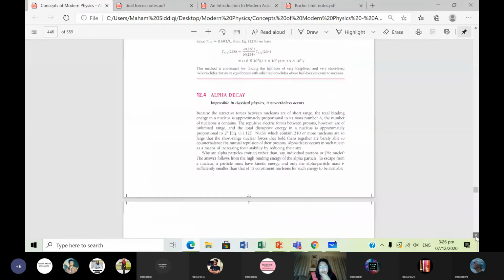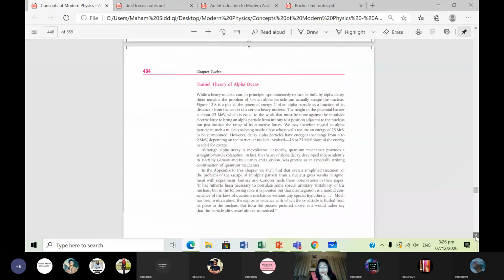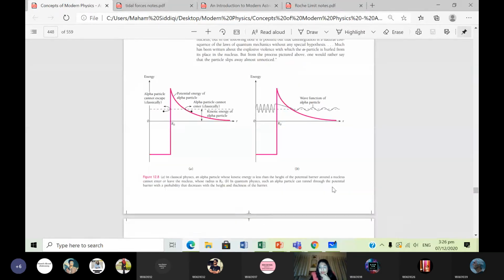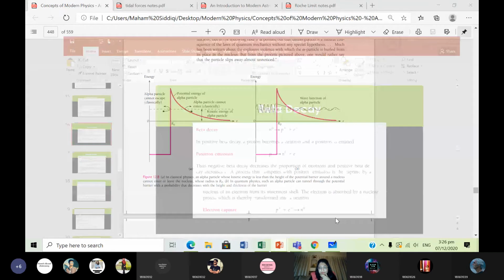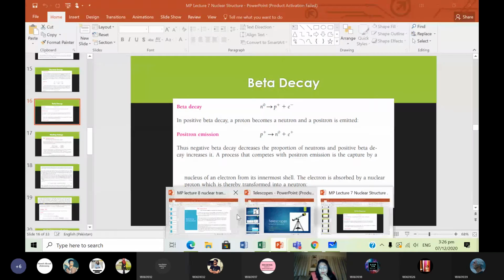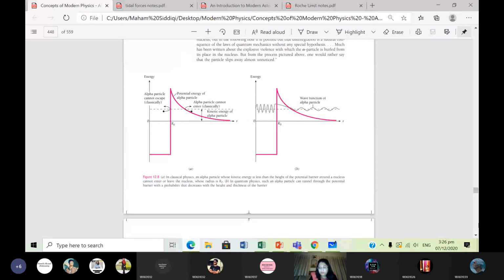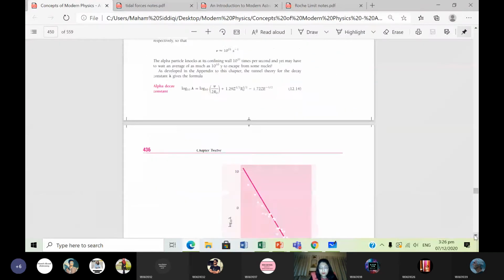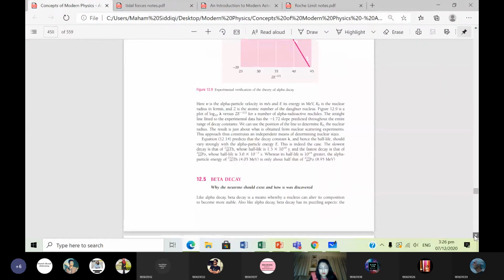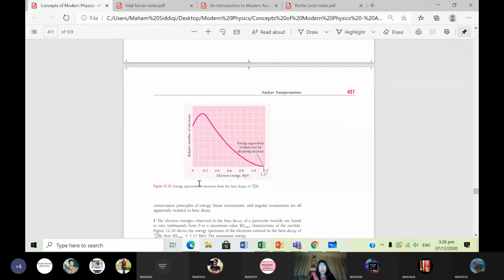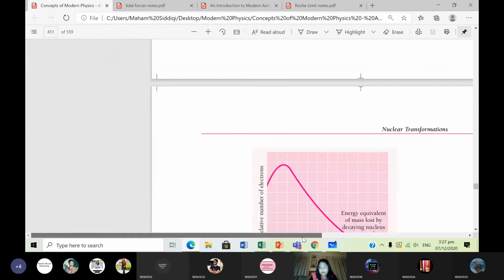There was a figure here somewhere. Let me show you that figure. Here we go. Energy spectrum of electrons from beta decay of bismuth-210.